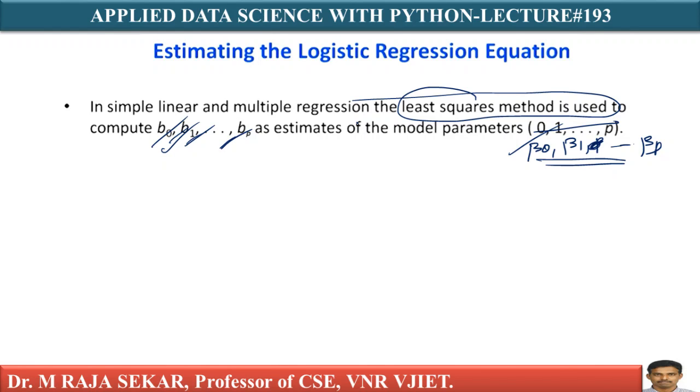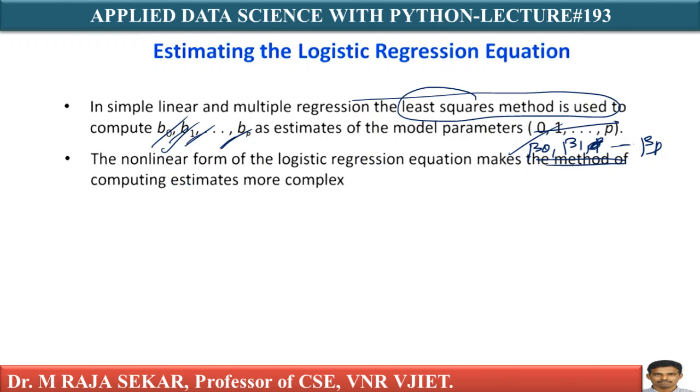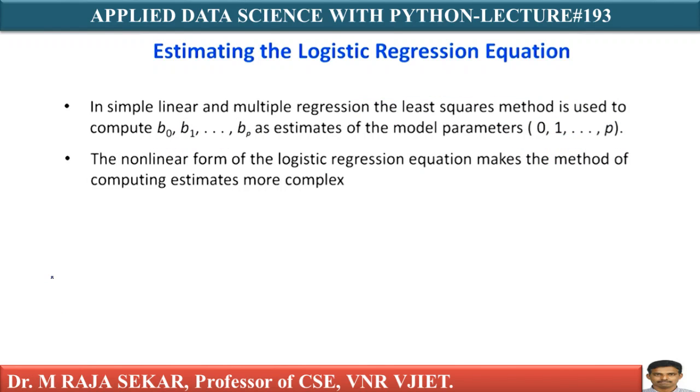But the previous equation, what is that equation? E of y equals, just recall that equation, e power beta naught plus beta 1 x, and so on, isn't it? The logistic regression is non-linear.